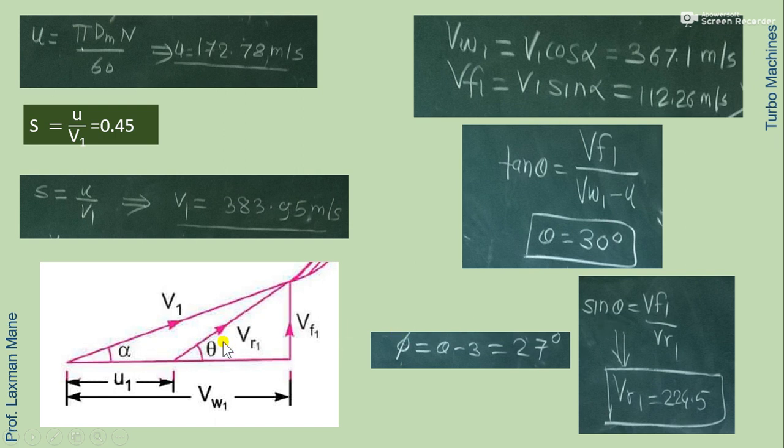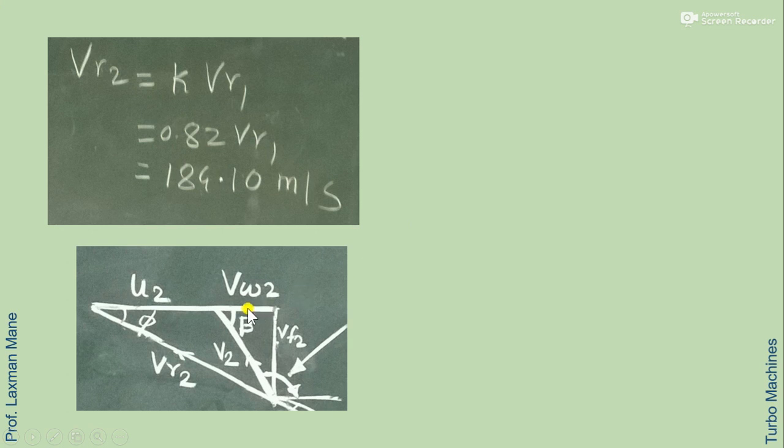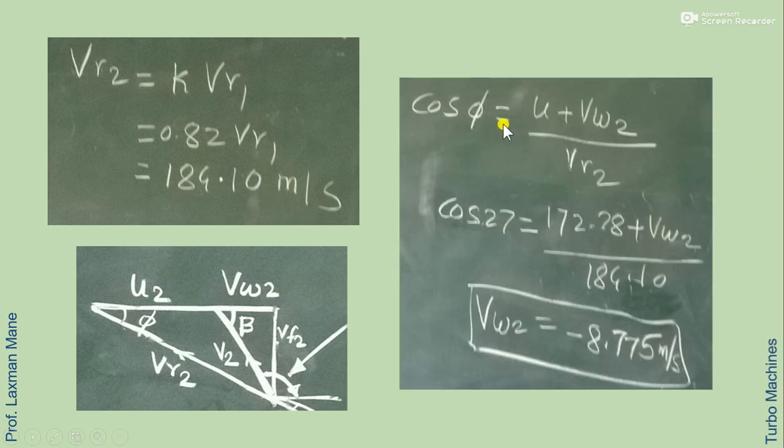By using the sin theta ratio, that is V1 upon VR1, we get the value of relative velocity at inlet. Then the relative velocity at outlet we can find by using the value of k, which is given to us. VR2 we know. Then using the outlet velocity triangle, we have cos phi equal to the relation. Putting in the values, we get the VW2 value.